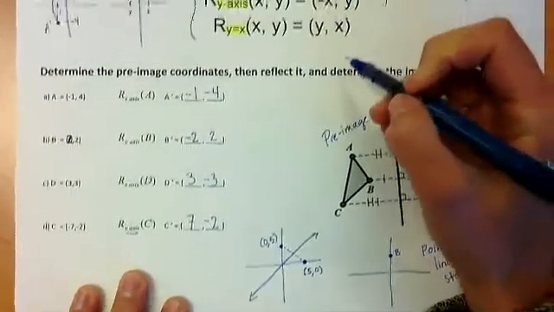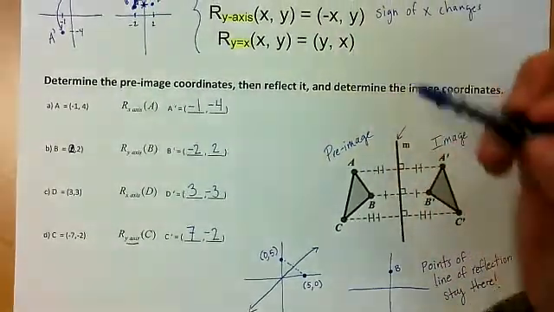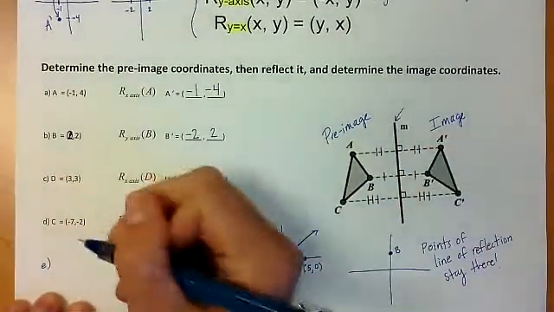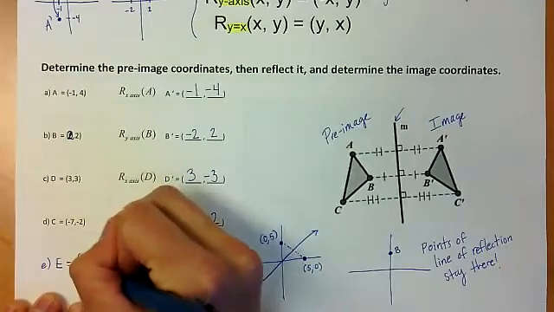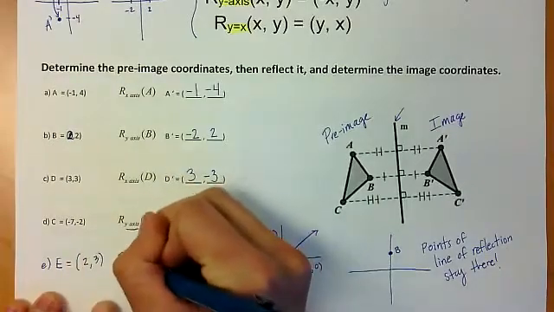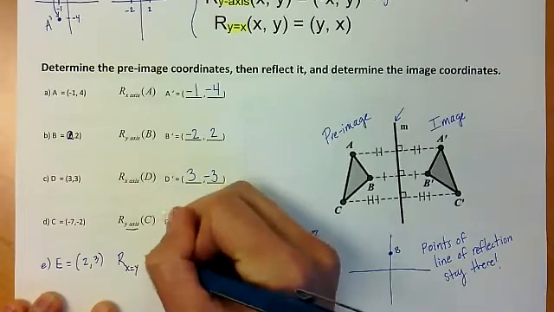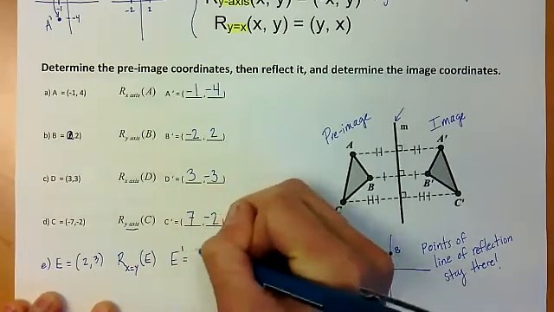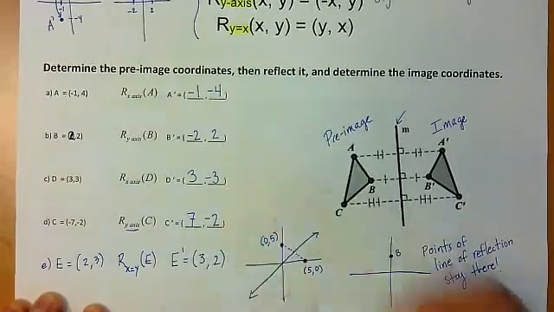So the rule for this reflection is we just switch x and y. So if I had a problem down here and I said now point E is 2, 3, and we reflect over the line y equals x, then E prime is going to be just the flip-flop of that, 3, 2.